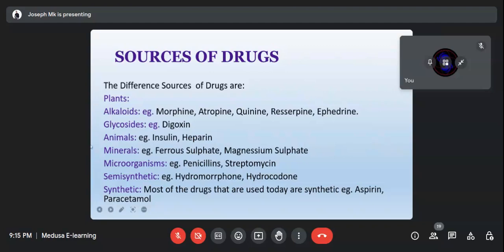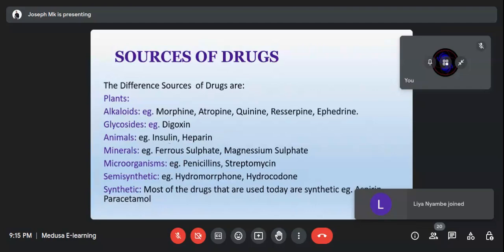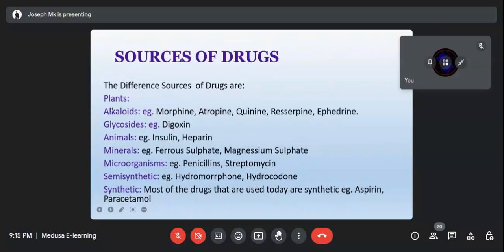So in these same drugs that come from plants, some will come from alkaloids, some will come from glycosides. So for those that come from alkaloids, we have examples. Please, you need to know these examples because they do pop up in MCQ questions. So we should get familiar with them. So let's say in plants, we are saying plants as a source of drugs.